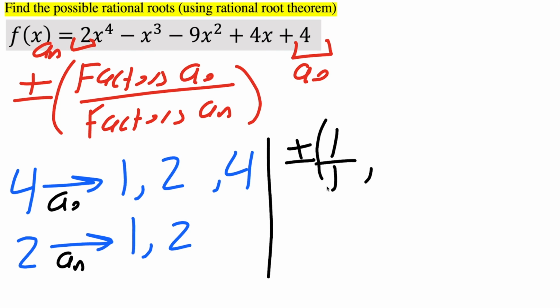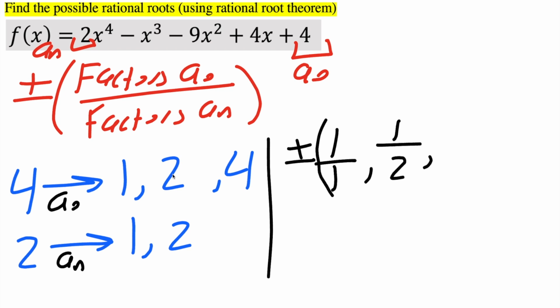I'm going to put parentheses here, so all of these are going to be plus or minus. Next, we can also do 1, our a sub 0, divided by a sub n, which could be 2. So we're going to get a bunch of answers, and these are all possible rational roots. In reality, only a couple of them will actually be roots. And roots is what value of x makes the y value 0.